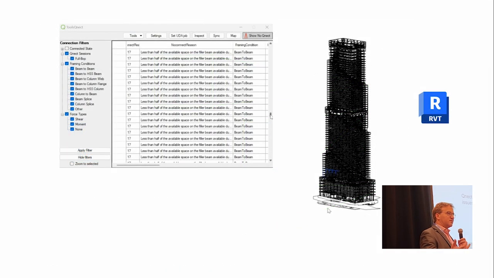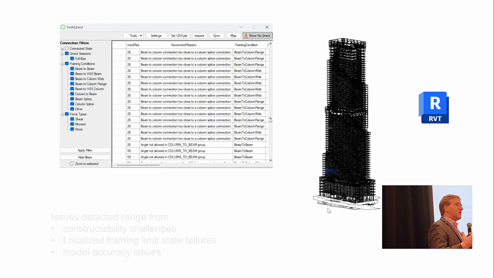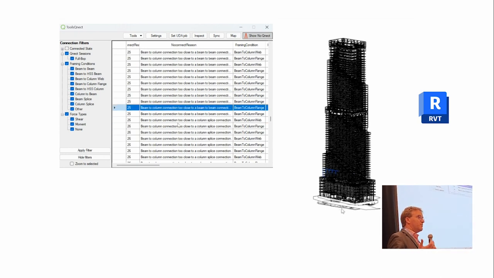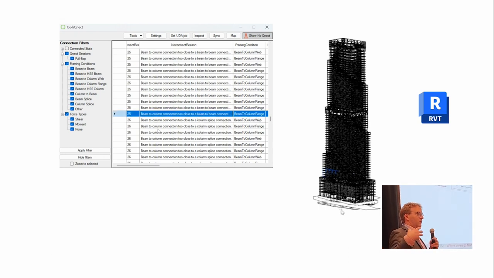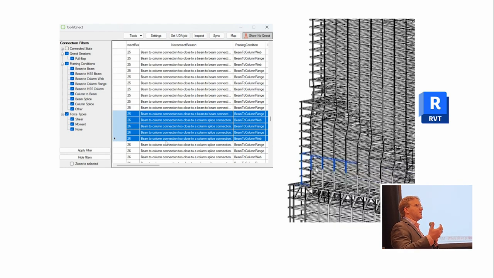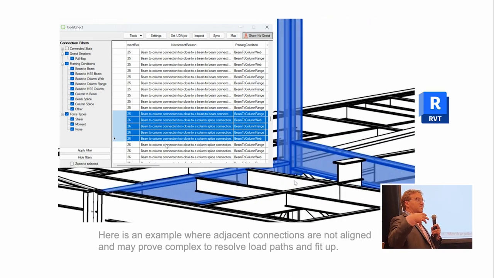When I say constructability issues, I'm talking about things such as limit state checks that don't meet certain checks of the AISC code for members. In other words, net section rupture checks on your bracing or on your shear connections. Also looking at erectability issues.